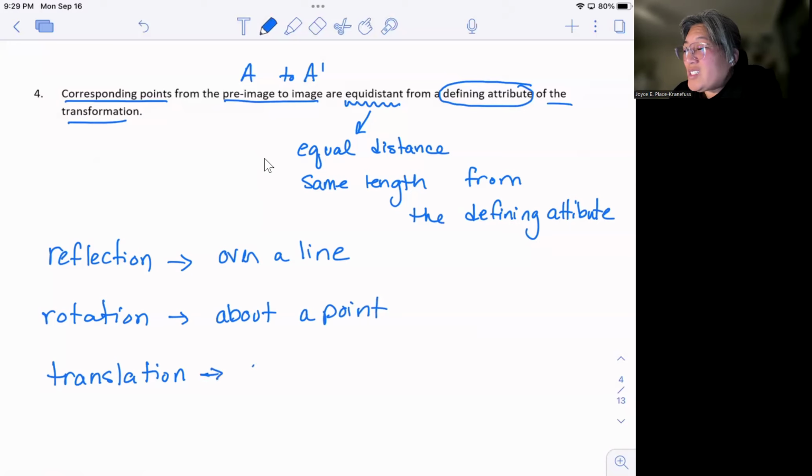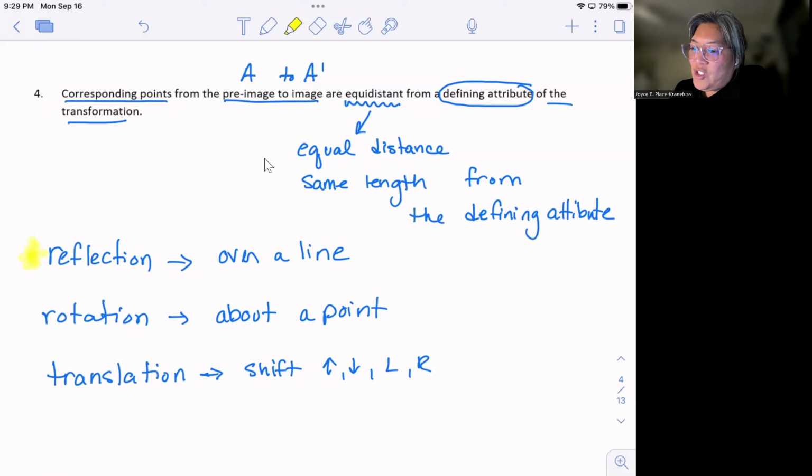Translation is just a shift up, down, left, or right, or some combination thereof. So which of these three transformations has a defining attribute? Something that is part of the actual transformation.